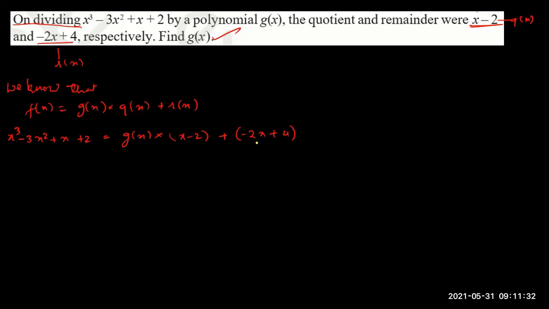So this remainder part we will bring to LHS. It will become x cube minus 3x square plus x plus 2, minus 2x will become plus 2x, plus 4 will become minus 4.